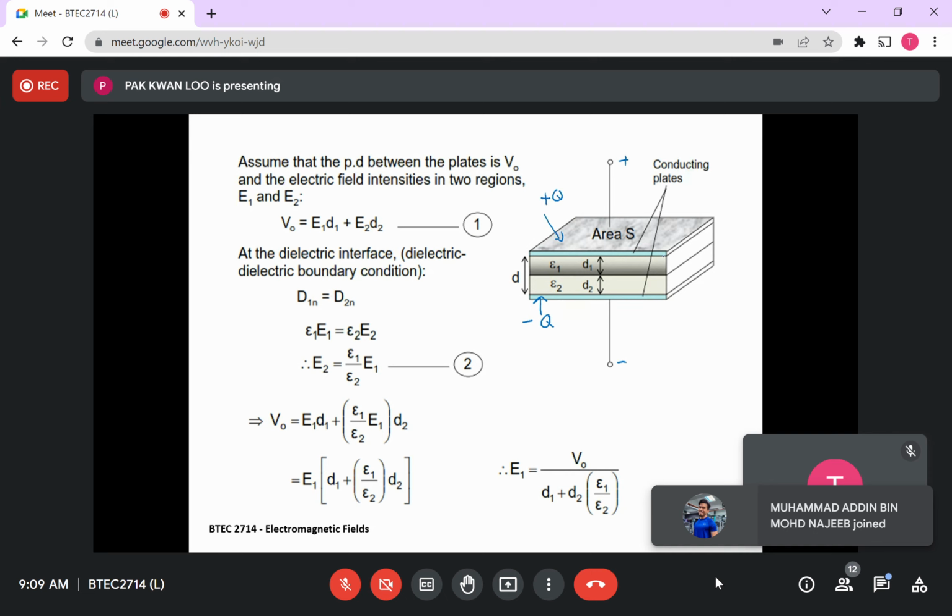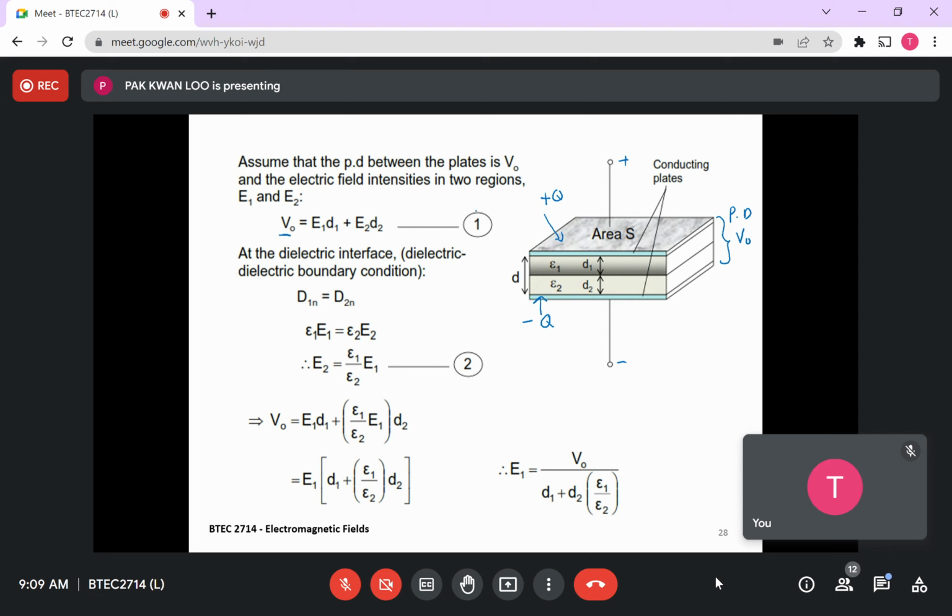So the overall potential difference is V naught.